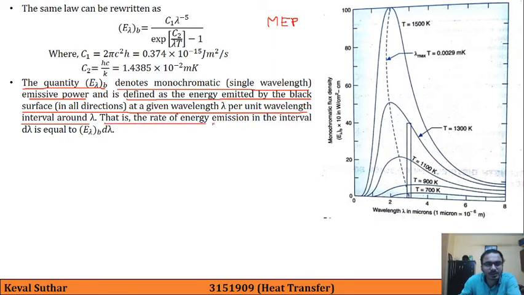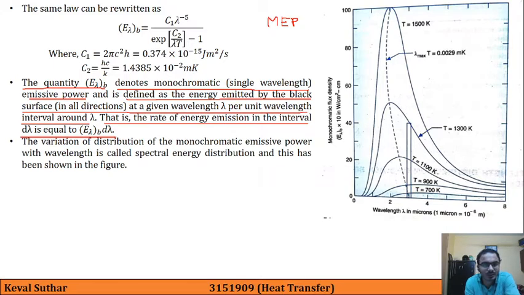That is, the rate of energy emission in interval d lambda is given by this formula, E lambda b into d lambda. And the variation of distribution of monochromatic emissive power with wavelength is called spectral energy distribution, and it has been shown in the figure.